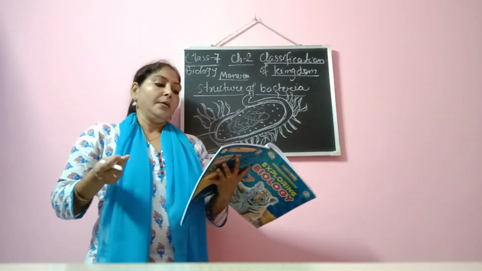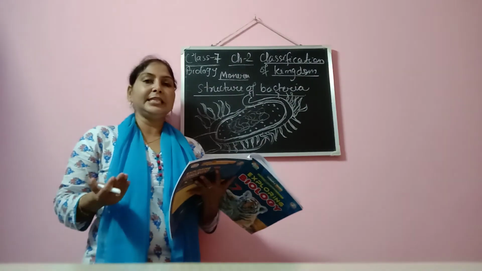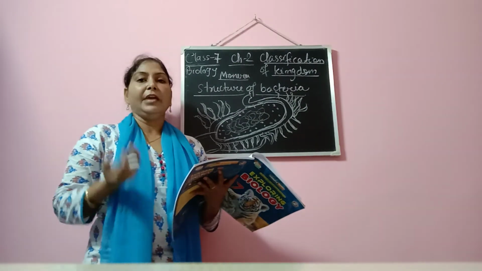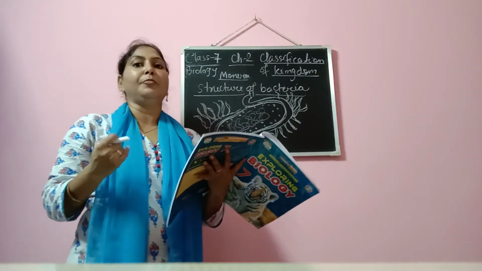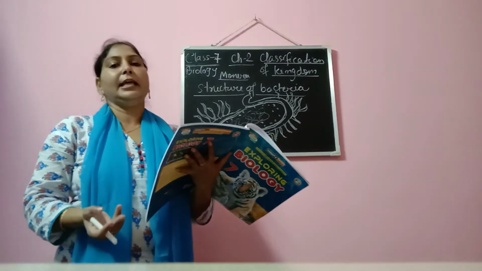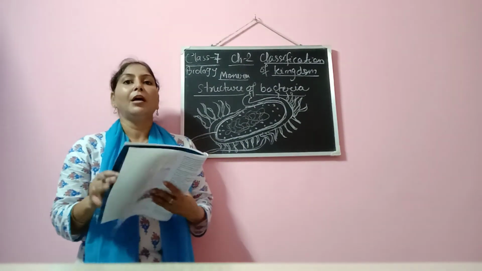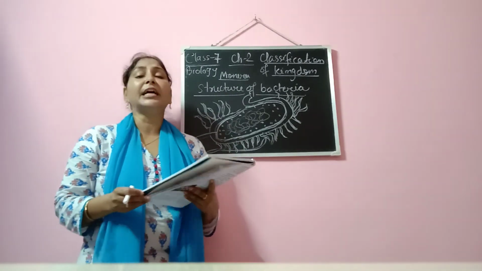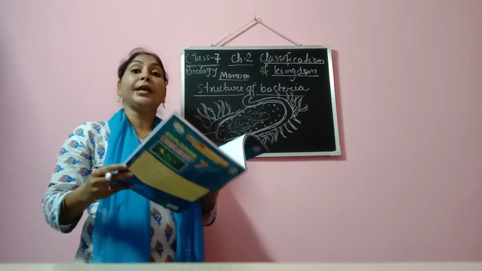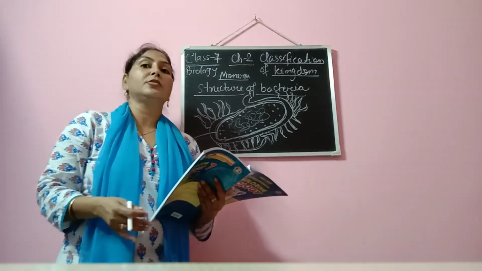But the cause of these diseases is bacteria. If we do not take the vaccine, or any kind of precaution or prevention, then definitely we will be attacked by these bacteria and may get some harmful effect. So here we complete the Monera kingdom and the usefulness and harmfulness of bacteria.